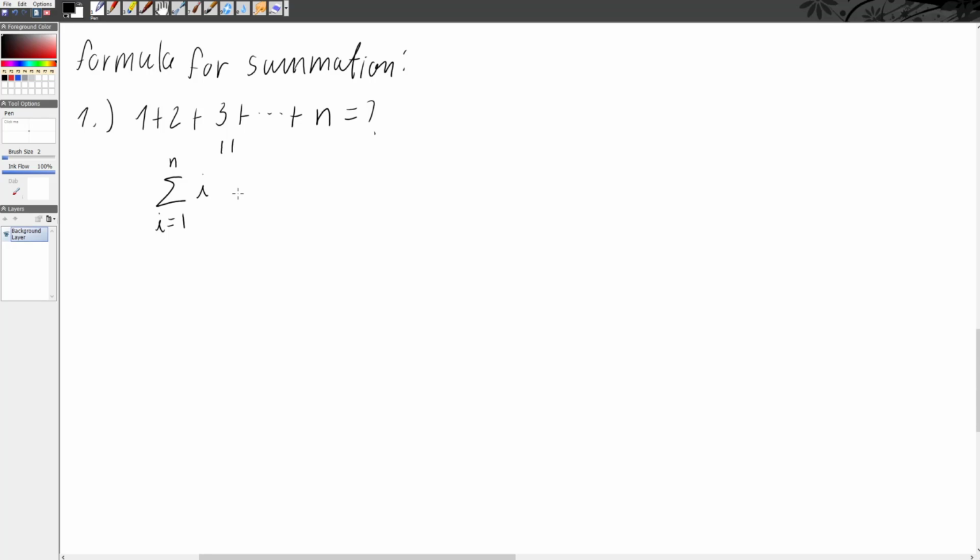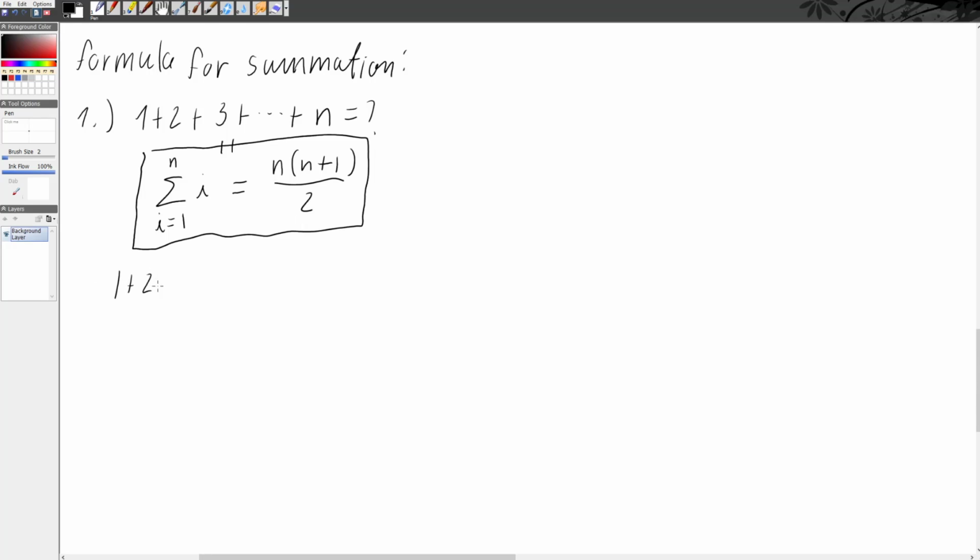And indeed, the sum for this is going to be equal to n times n plus 1 divided by 2. Whenever you are adding up consecutive integers, instead of adding up all the numbers and plugging all of that into your calculator, all you need is to know where you stop and plug in the right hand side. For example, I want to add values from 1 to 2 to 3 all the way up to 100.